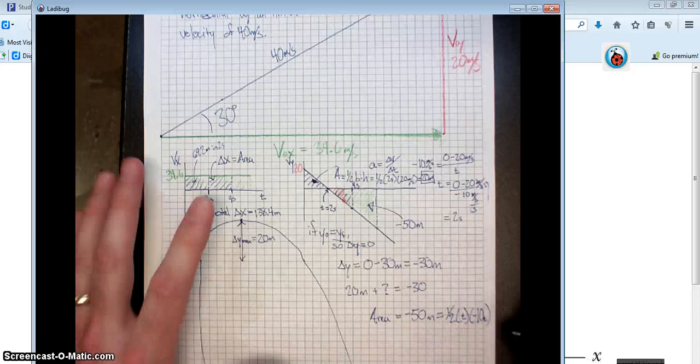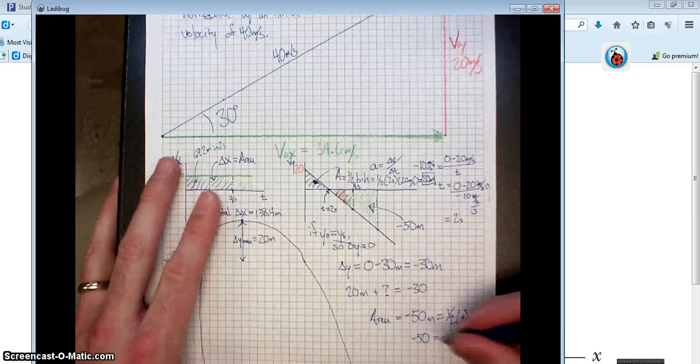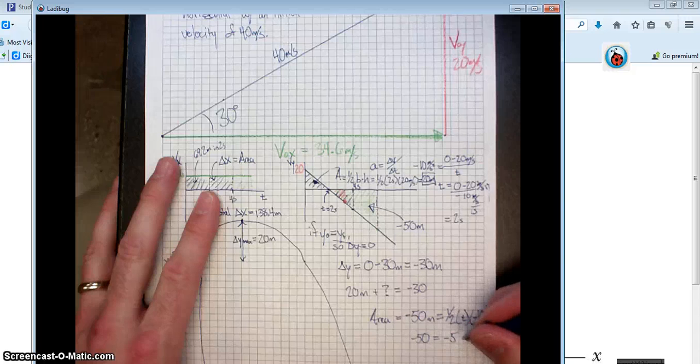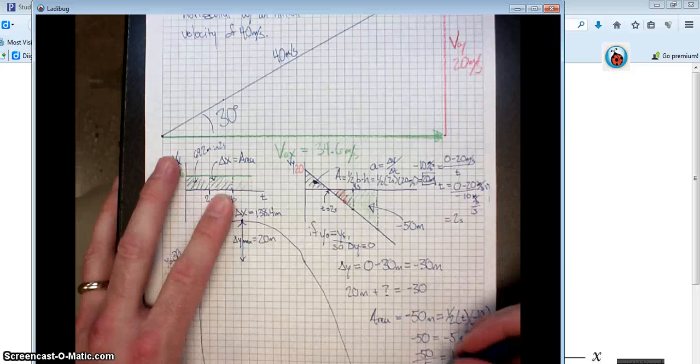And if I push that through, negative 50 equals negative 5 t squared, negative 50 over negative 5, negative over a negative, so this is 10 equals t squared, and so the time beyond the maximum height is root 10, okay?